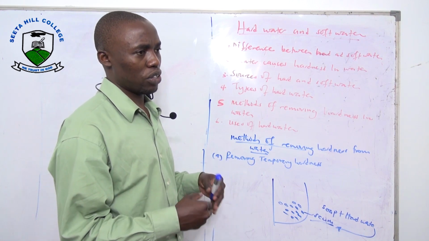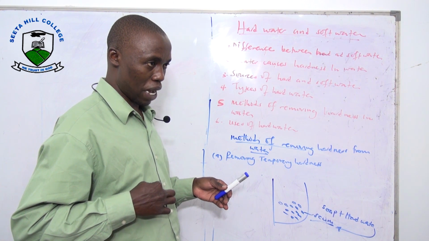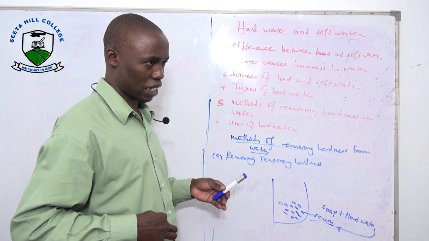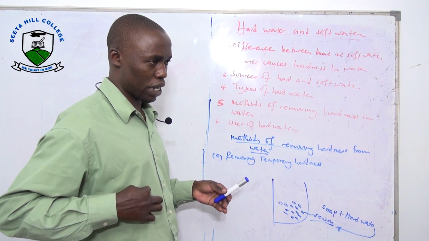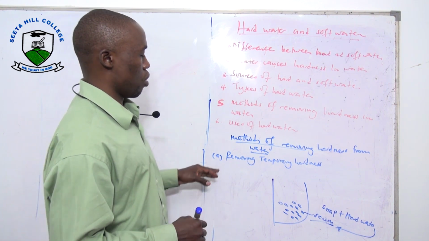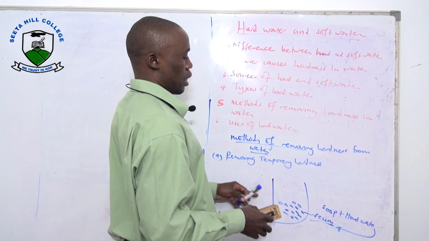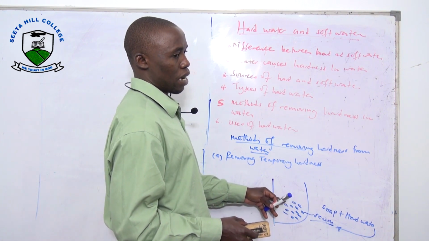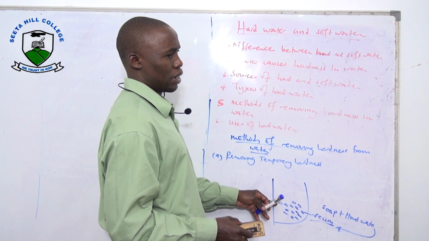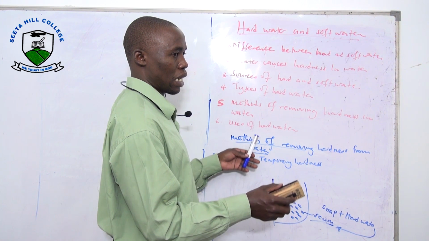When you wash your shirt with borehole water, you'll realize that there are some white patches everywhere after the shirt has dried. That is scum. Now, listen. Scum is not calcium carbonate. Don't capture that wrongly. I've explained the scum. Scum is soap plus hard water.